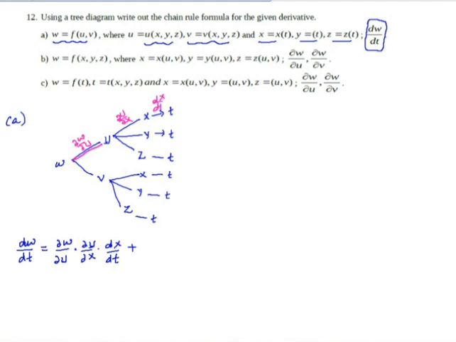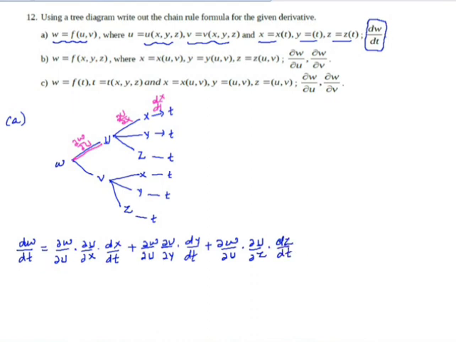This is one path, and there will be 6 paths. So the partial derivative of w with respect to u and u with respect to y, dy by dt, is the second path. The partial derivative of w with respect to u, u with respect to z, and dz by dt is the third path.